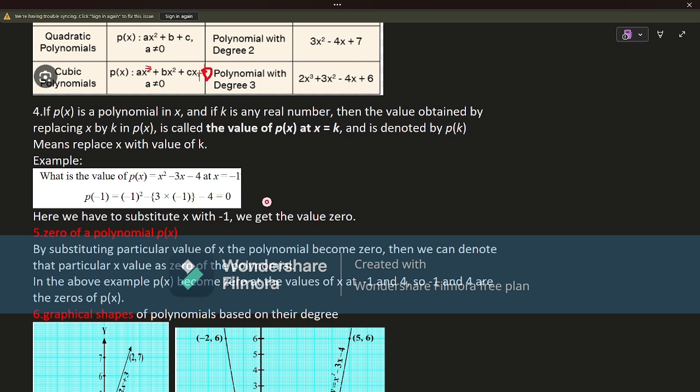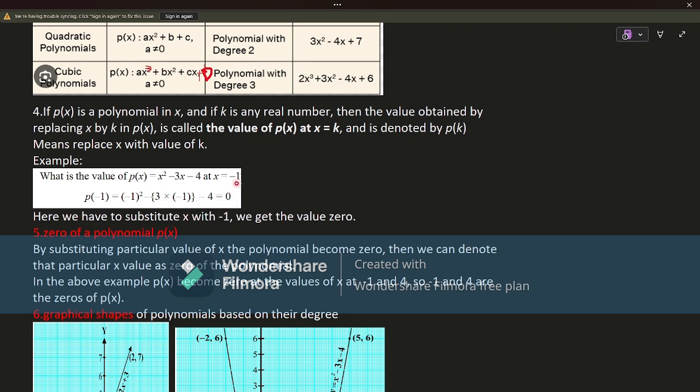Simply we are substituting a particular value of x in the polynomial to simplify the given polynomial. So this expression gives us the value, the zero of the polynomial. It means that by substituting a particular value in the given polynomial, if the polynomial becomes 0, then that number is the zero of the polynomial. For example, by substituting minus 1 in the polynomial, we got 0.